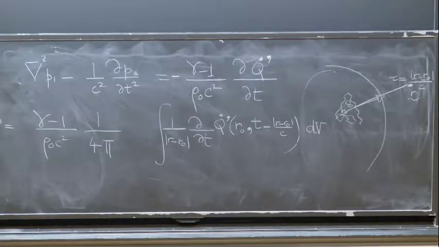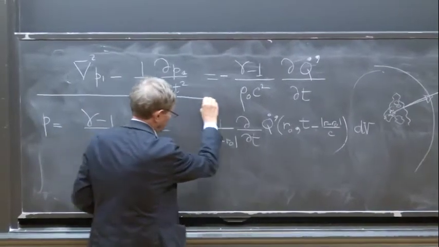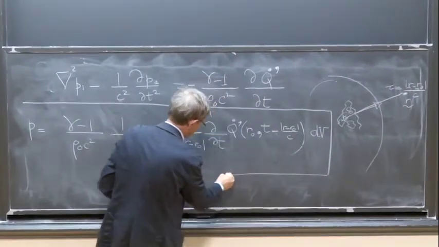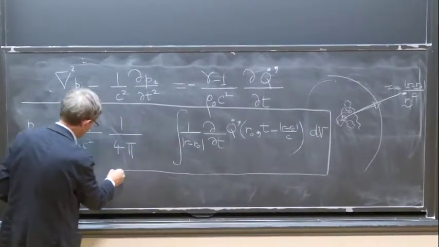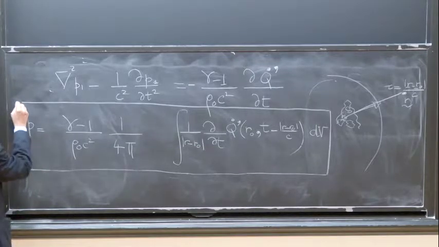So this is the basic expression, right? So how does one derive that? It's based on the theory, Green's theory. It's in electromagnetics. It's called retarded potential.